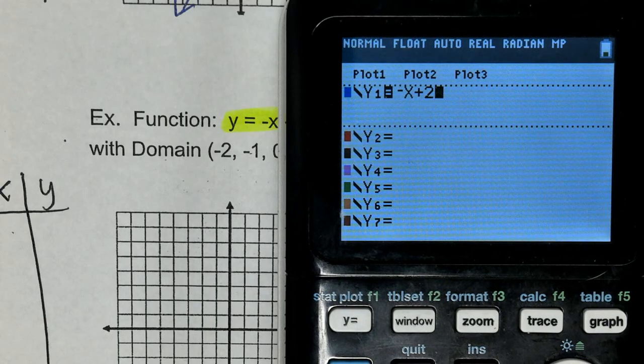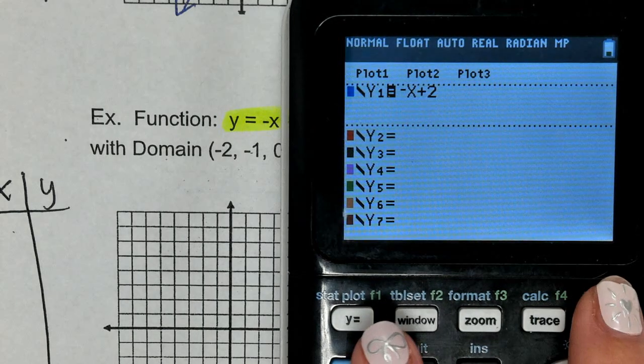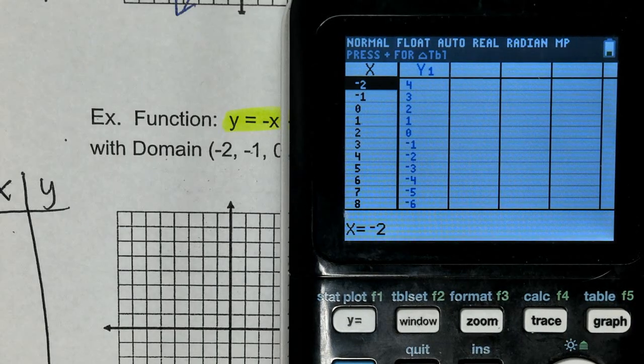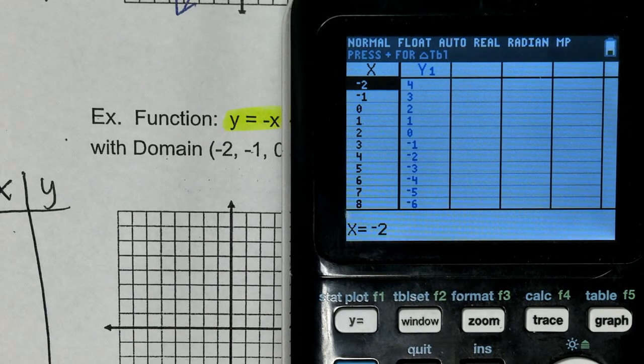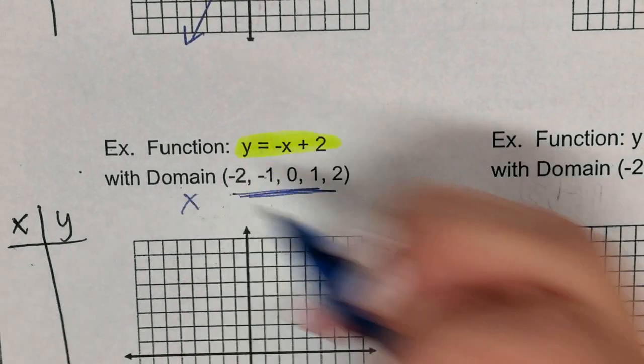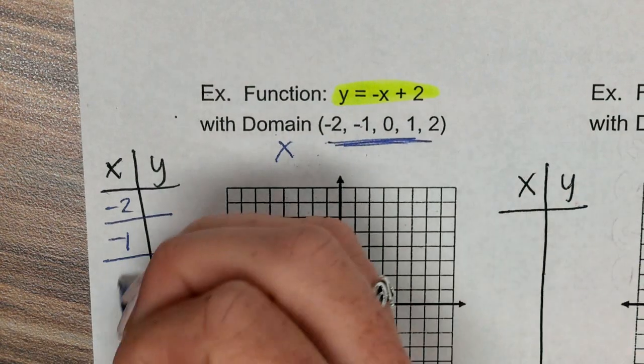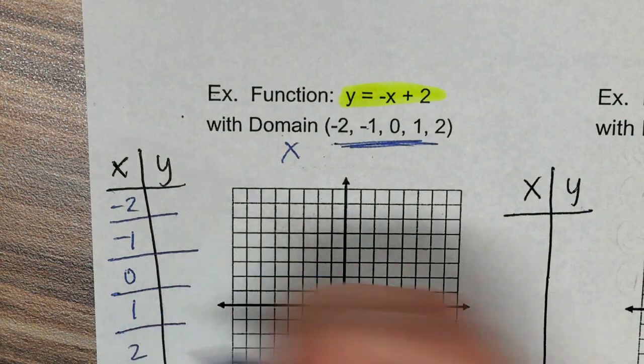Where do I go to see my list of coordinates? Second graph or second table. Again, you do not get to pick the x's. They pick them for you. So I have to choose when x is negative 2, negative 1, 0, 1, and 2.